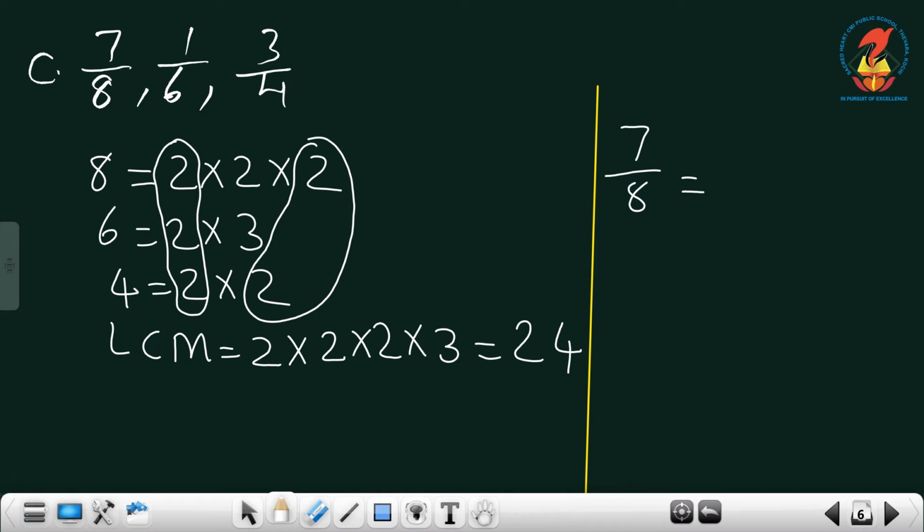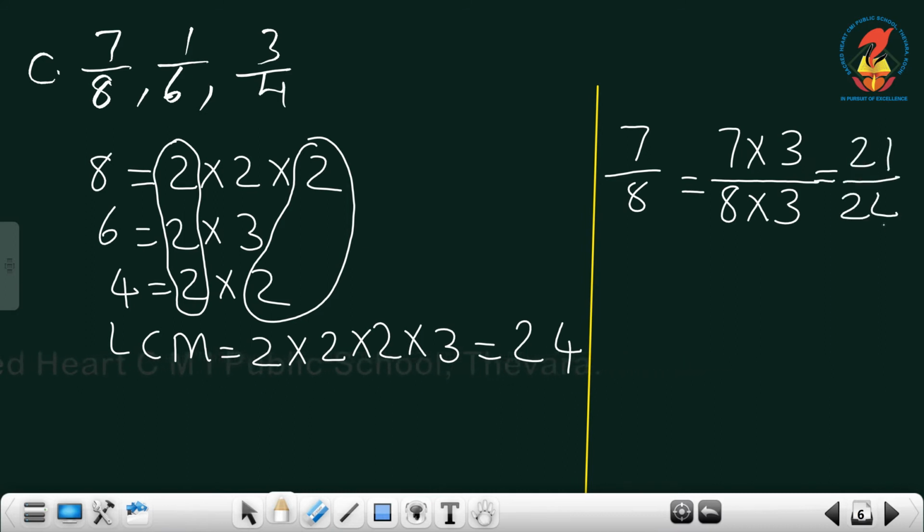And the LCM is what, children? 24. I need to change this denominator to the LCM. 8 into which number equals 24? 8 3s are 24. So, I need to multiply by 3. And the same number I need to multiply in the numerator also. Which number? 7 into 3. And the answer is 21 by 24.